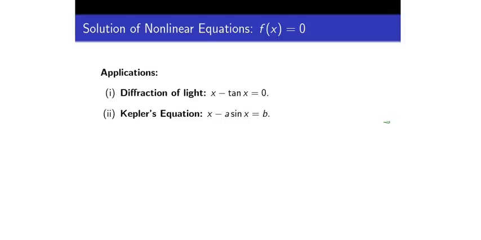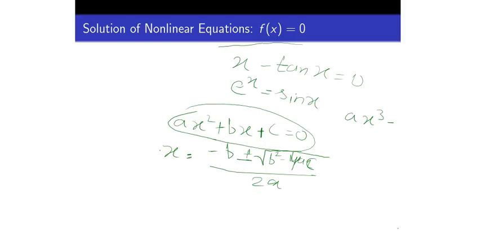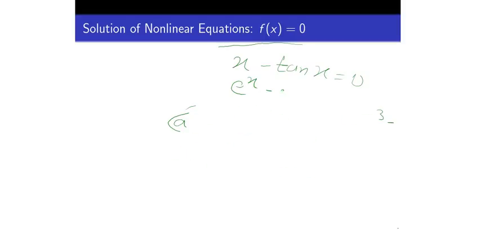Similarly, if you have a cubic equation ax cube plus and so on, with real coefficients, then it has at least one real root, because the fundamental theorem of algebra tells us that a polynomial of degree n always has exactly n roots.